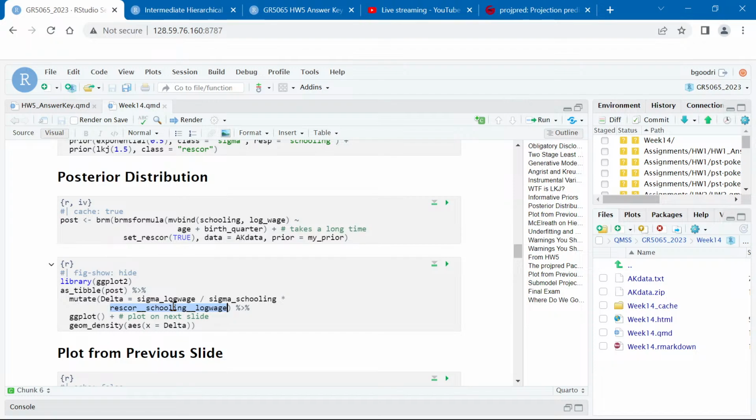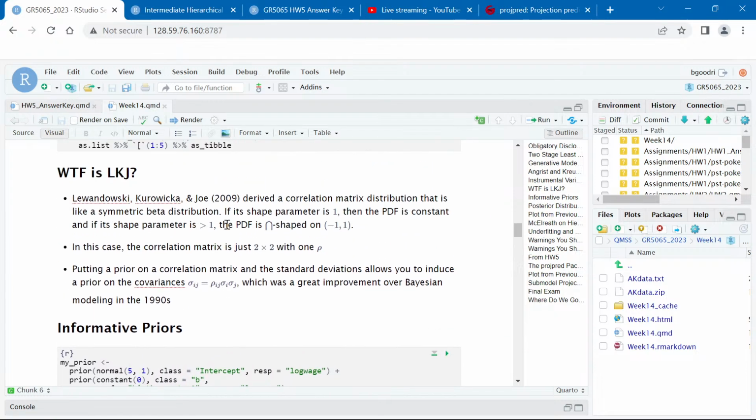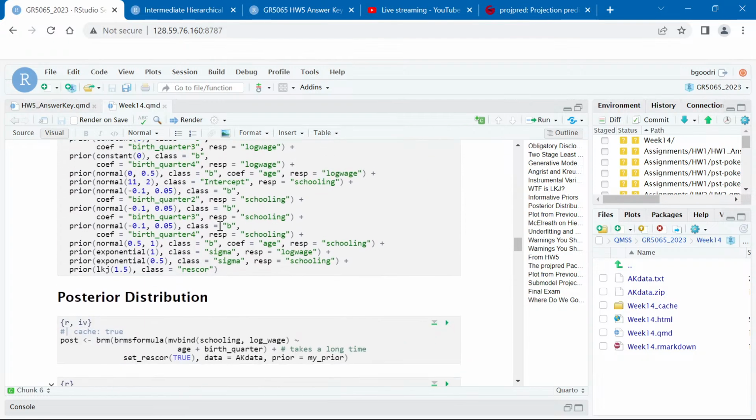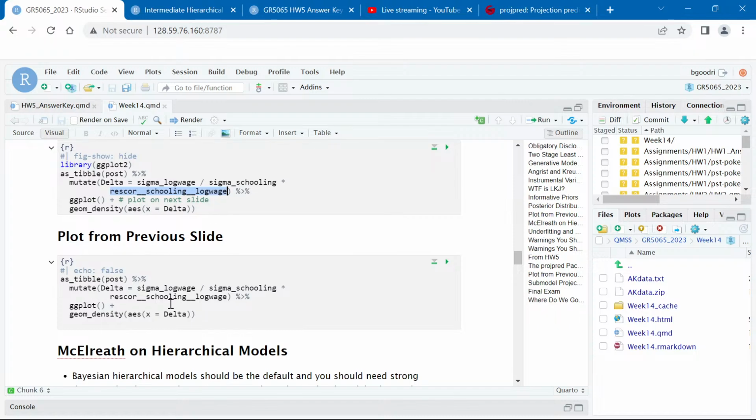So to do what it is that I said could be done, the way I said to do it. And then if you plot it, you get a posterior density which is centered at about 6.5 and ranges between 6 and 7, basically.